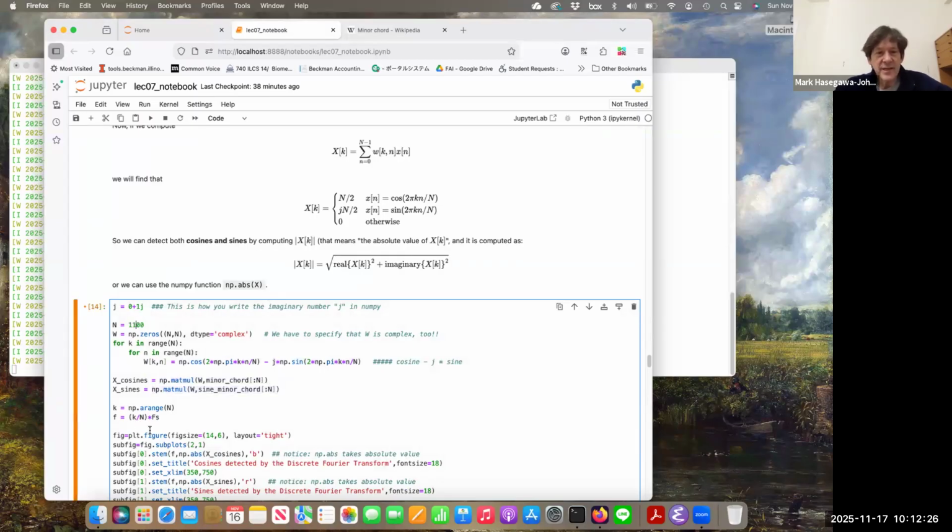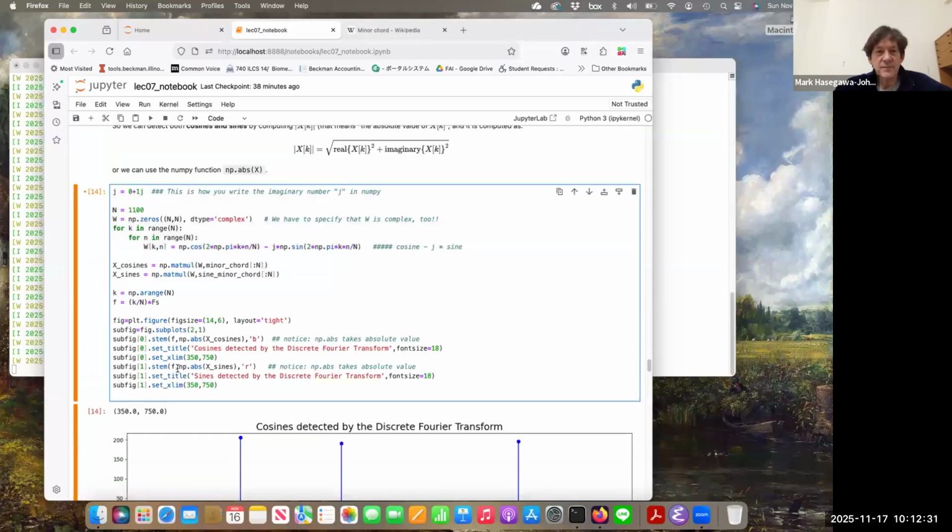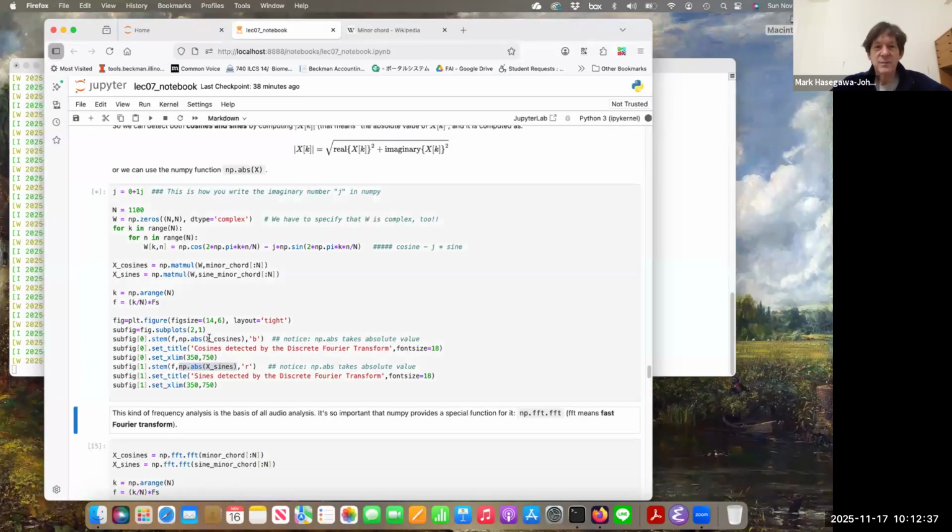And in either case, what I want to do is take the absolute value of the result. Taking that absolute value will get rid of the difference between minus and plus, and it will also get rid of the difference between real and imaginary.